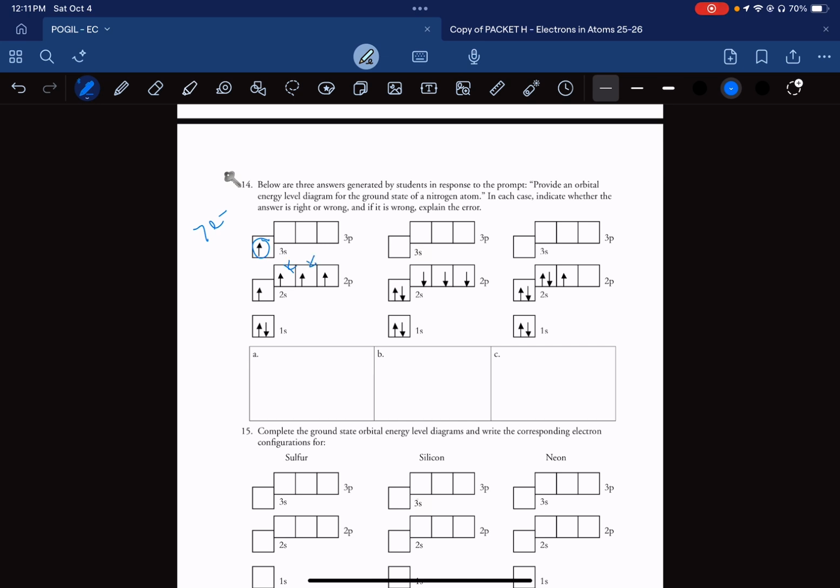If you have a single orbital, you can have an up arrow. If you have pairs, they can be in the same orbital, but one must be spin up, one must be spin down.